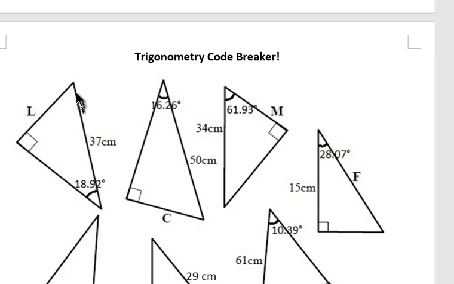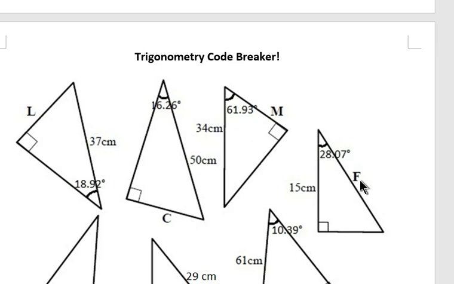In the first case, the long side was given to us, 37 centimeters. In the second one, the long side was once again given to us, 50 centimeters. And finally we've got another one where the longest side is 34 centimeters, given to us once again.